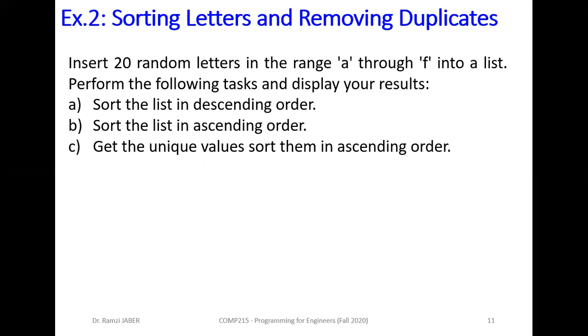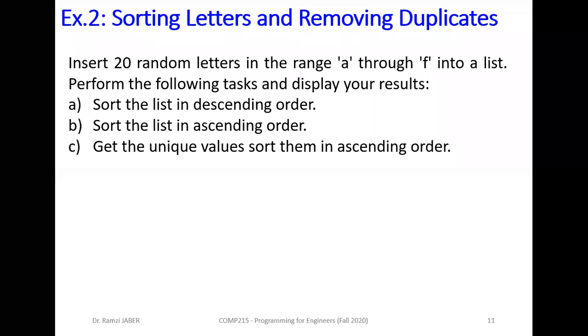Perform the following tasks and display your results. A, sort the list in descending order. B, sort the list in ascending order. C, which is the hard one: get the unique values and sort them in ascending order.